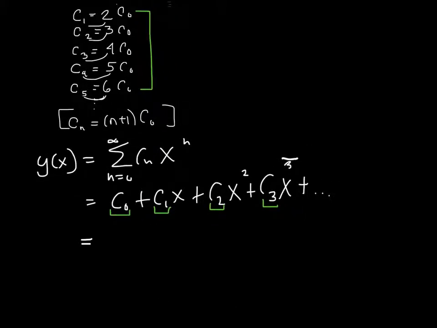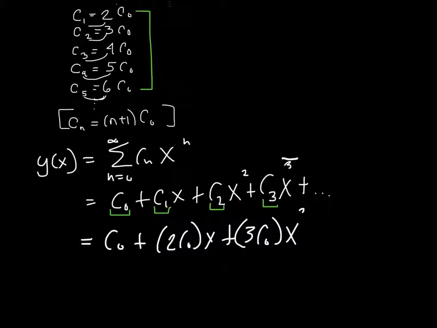Okay, so we have C naught plus 2C naught x plus C2, which is 3C naught x squared plus, C1, C2, C3, C4, you can write it in, 5C naught x, let's see, C3 is 4.